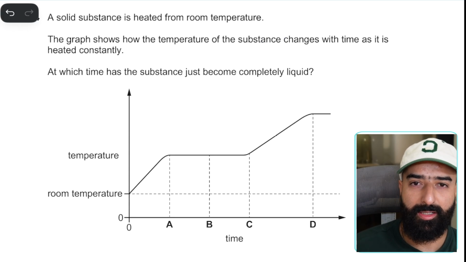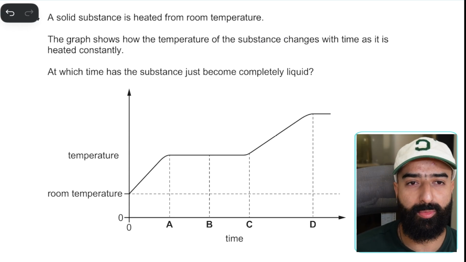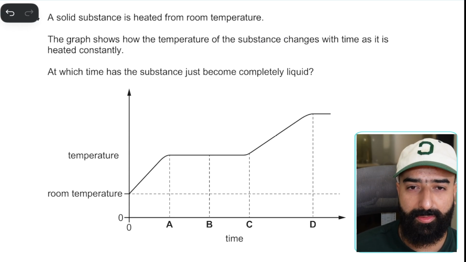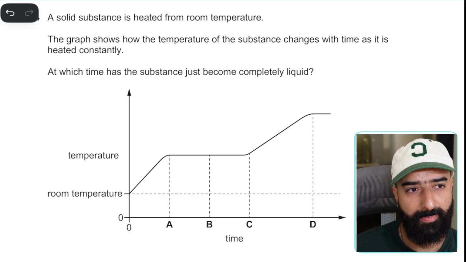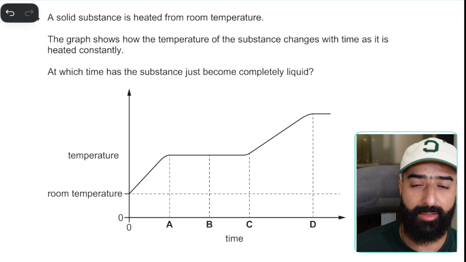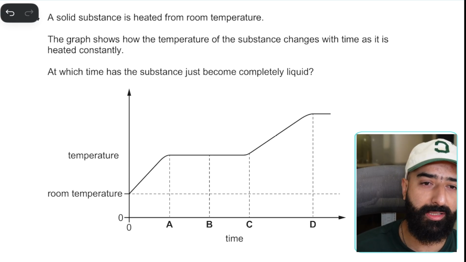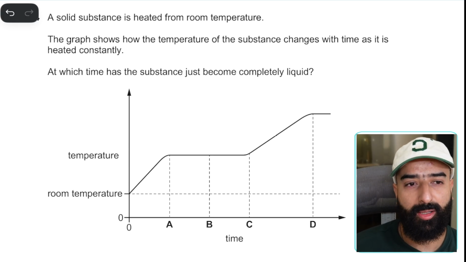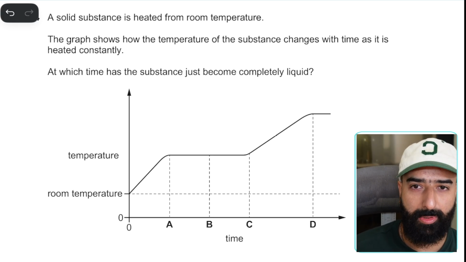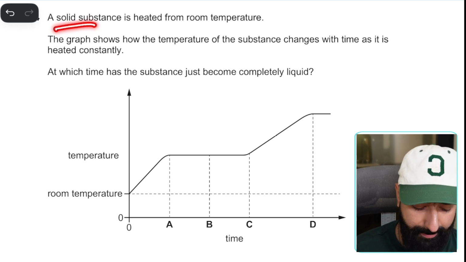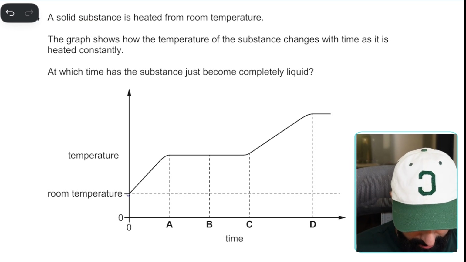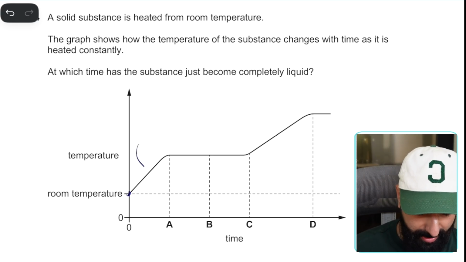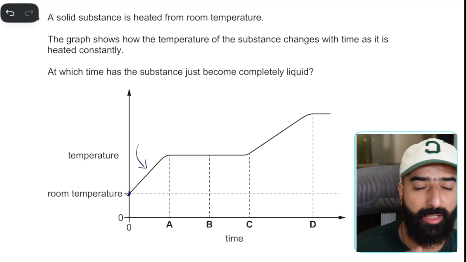Okay. A solid substance is heated from room temperature. The graph shows how the temperature of the substance changes with time as it's heated constantly. At which time has the substance just become completely liquid? So we start with a solid, right? So this is a solid here. And what's this describing? Its temperature is increasing.